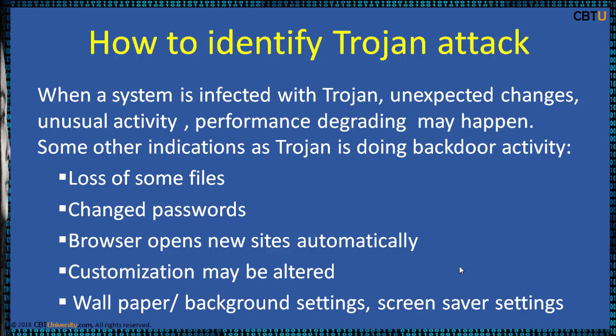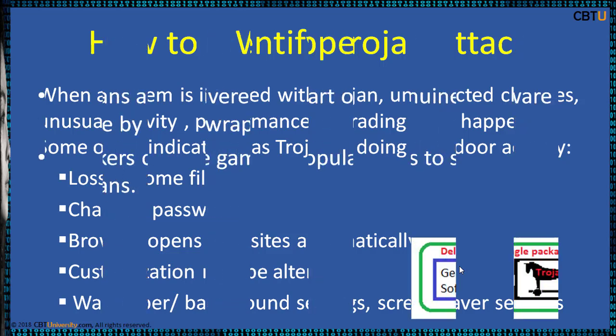Some other indications that a Trojan is doing backdoor activity can be loss of some files, changed passwords, browser opening new sites automatically, and customization being altered: wallpaper, background settings, screensaver settings may be changed. These are all to help the hacker fulfill his objectives.